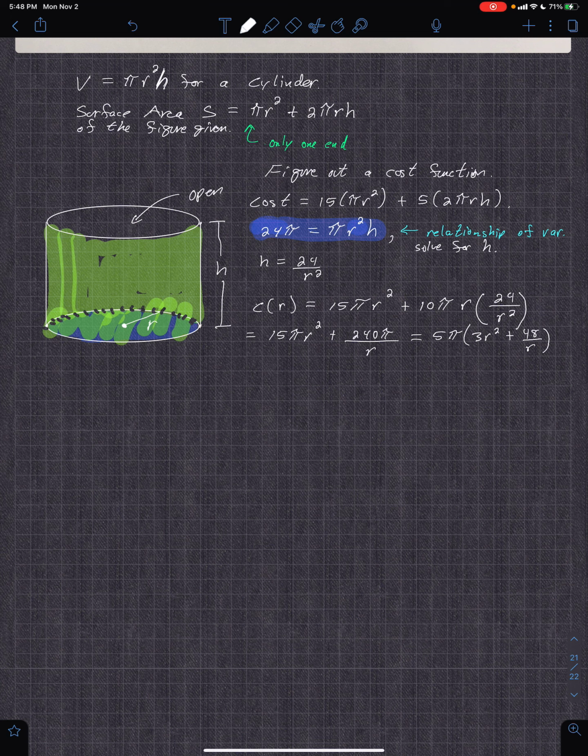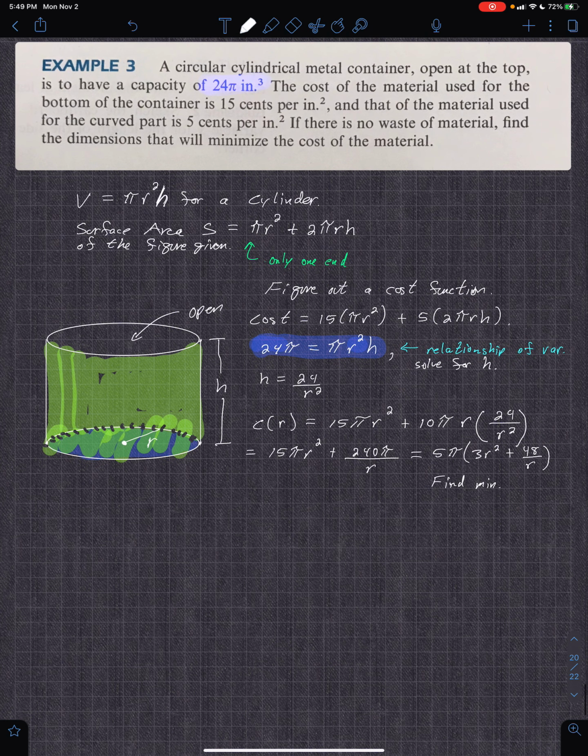So that's just factoring out a couple things. All right, so now that's our function we're going to be using. We want to minimize cost, so find the minimum. Okay, so if it wasn't up there, read that again, and you're trying to find the minimum cost.